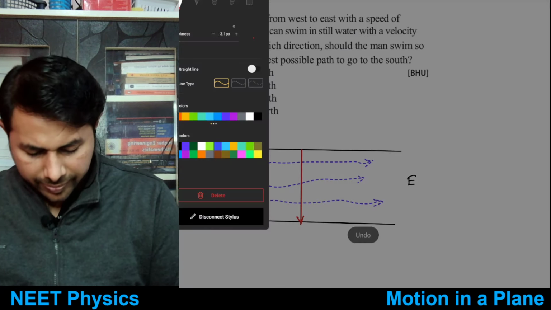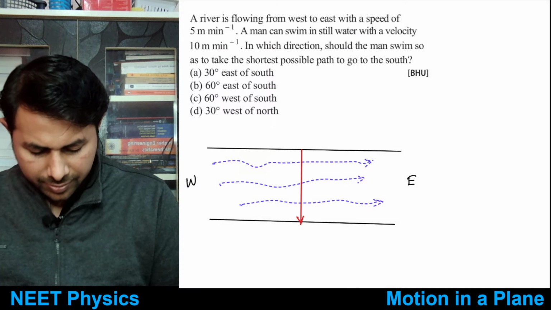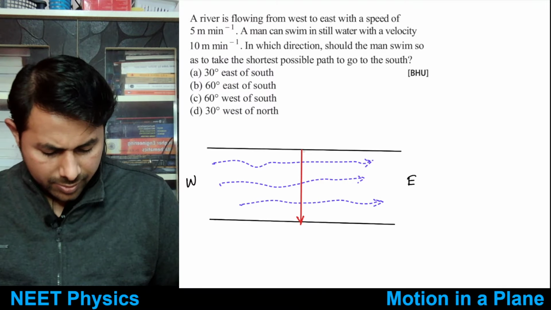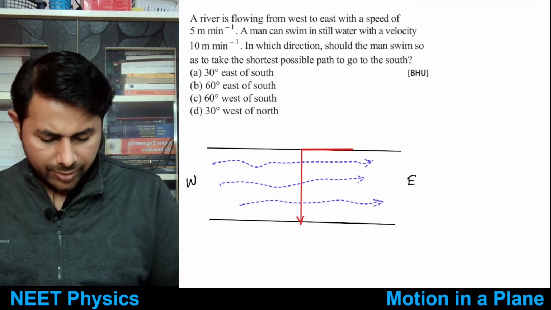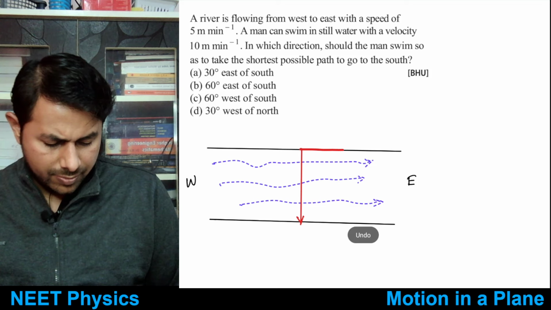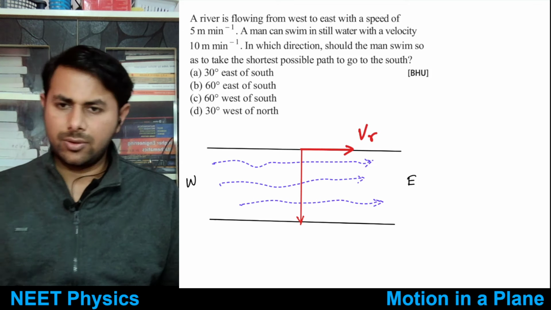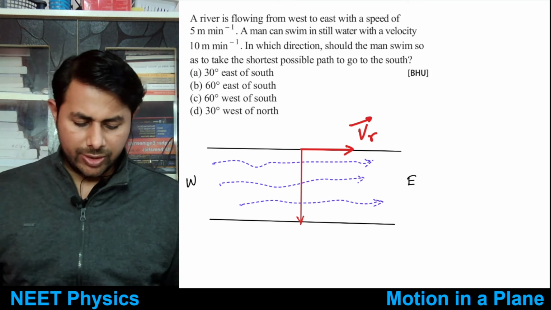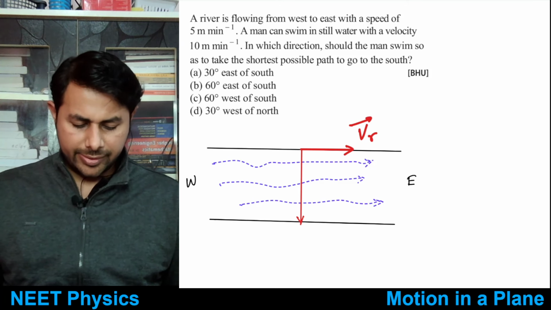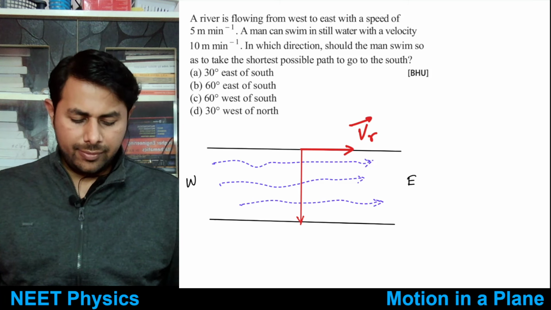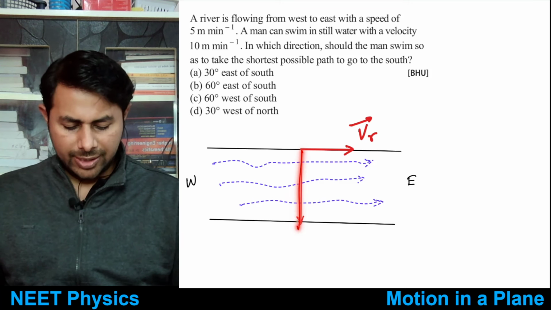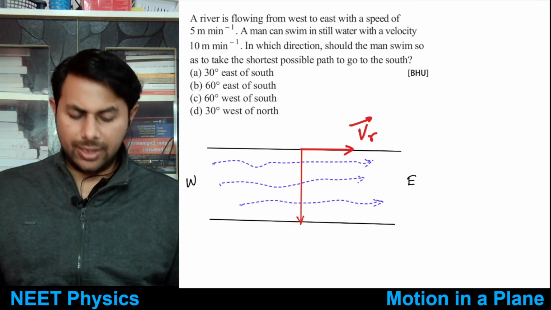It's too broad. This is the velocity of the river. Okay, so tell me, what should be the velocity of man? The shortest path is this one, right?